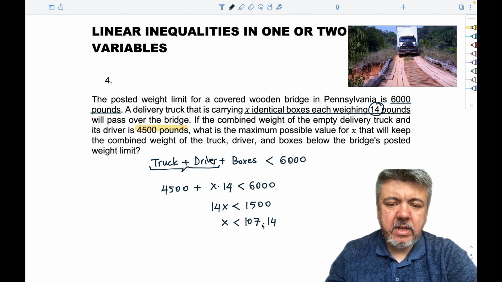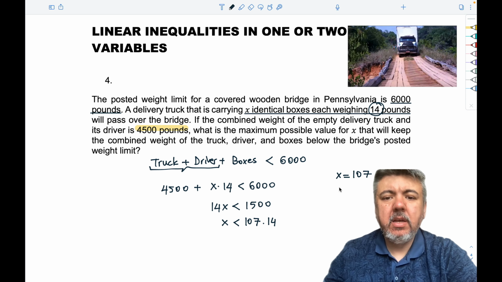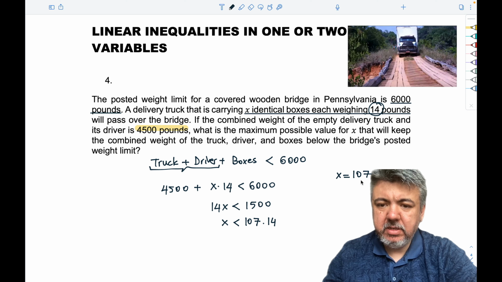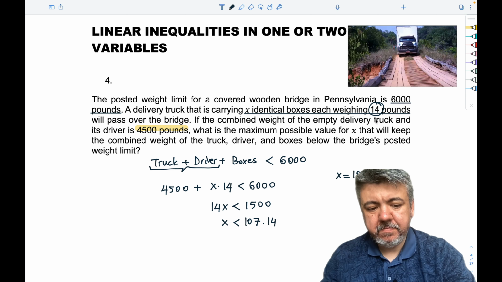So x is 107, meaning 107 boxes will keep the truck, driver, and boxes under the given limit, my friends.